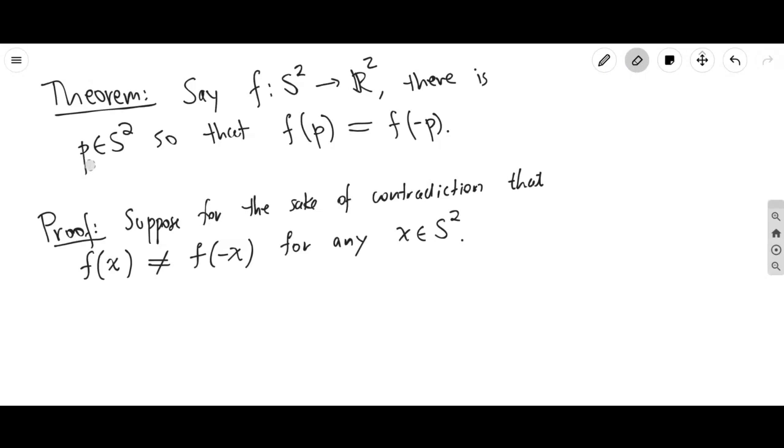So you're trying to show there exists such a point. So you assume the opposite, that for any point on S2, f of x and f of negative x will always be different. And now you're going to construct.